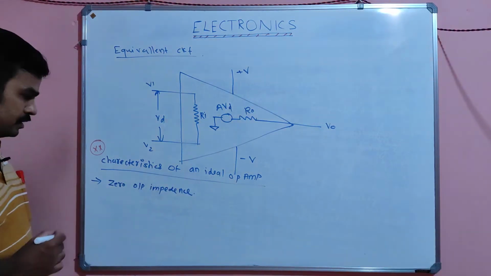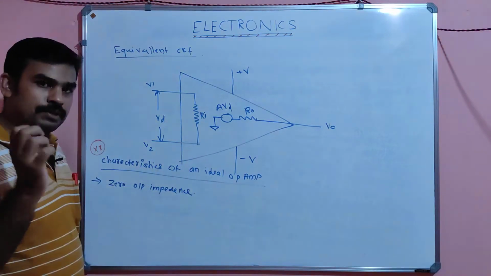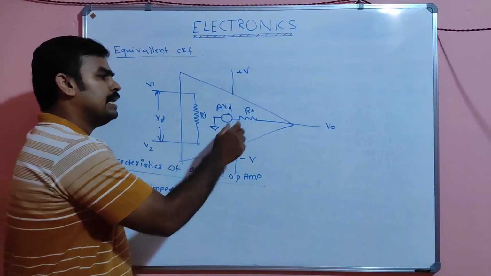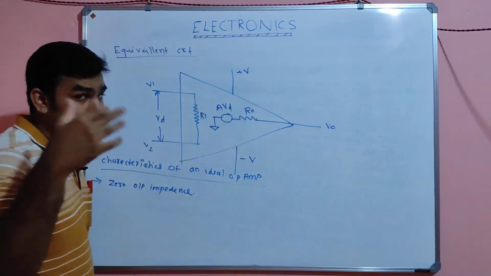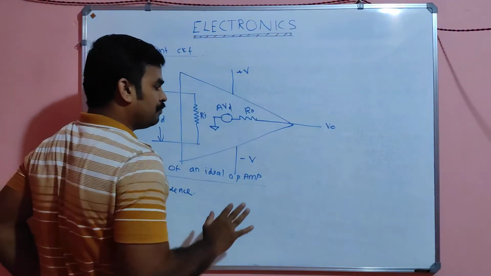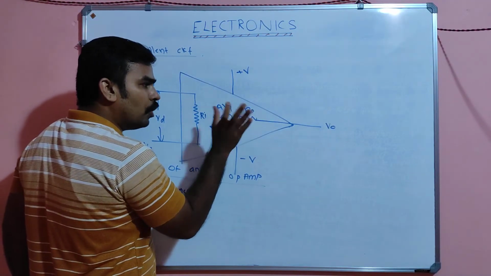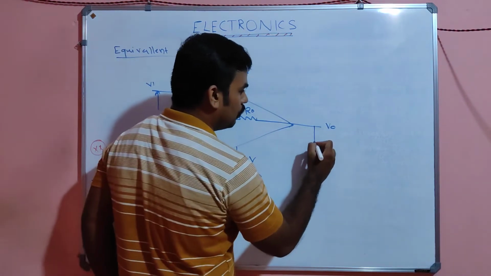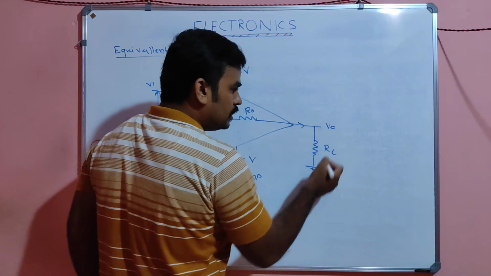That means the output impedance of an Op-Amp will be 0. Why is it 0? Suppose some non-zero resistance is there. Then what happens? A portion of A into Vd will be dropped across it. Suppose you connect a load here, it will draw some current.